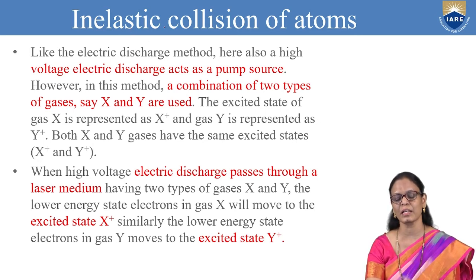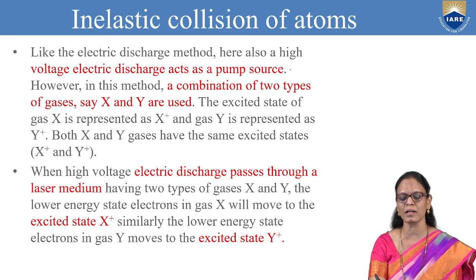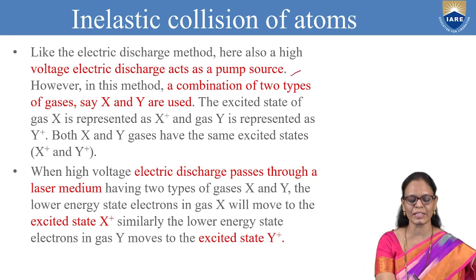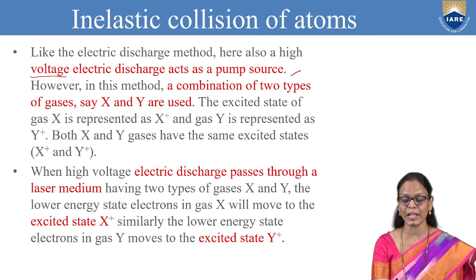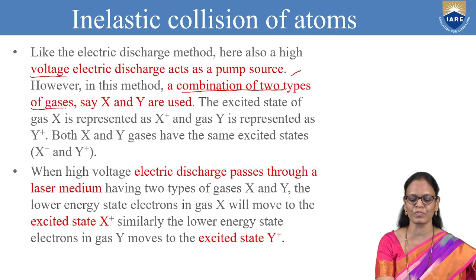So what happens in inelastic collision? Just like in electric discharge, there is also a high voltage electric discharge which acts as a pump source. Here also we will take a high voltage. And in this method, we take a combination of two types of gases.